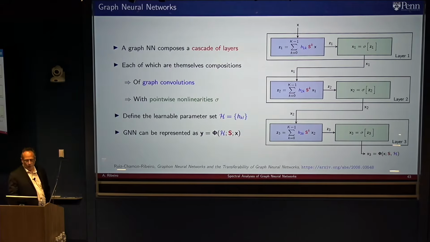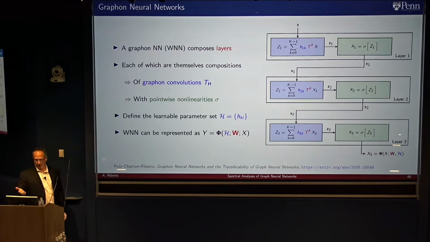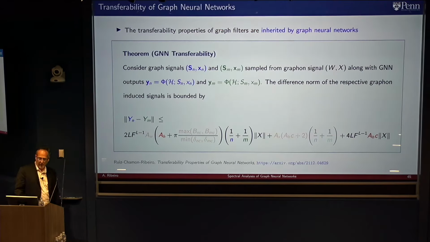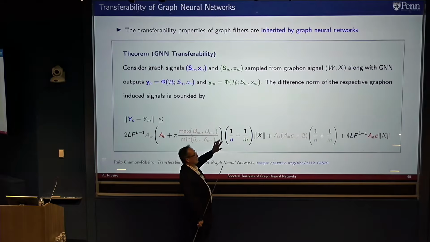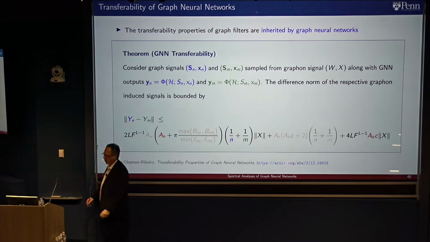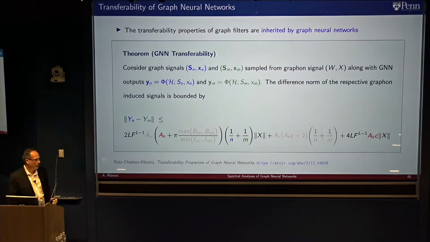They have nothing to do with the graph or the graphon for that matter, okay? And for that reason, the convergence theorem or the transferability theorem that you can write down for graph neural networks is conceptually the same theorem that you would be able to write for graph filters.